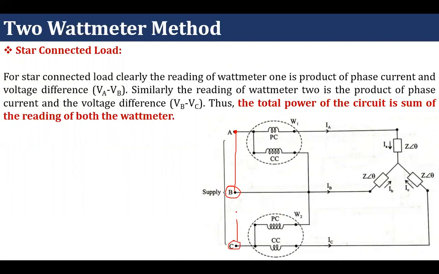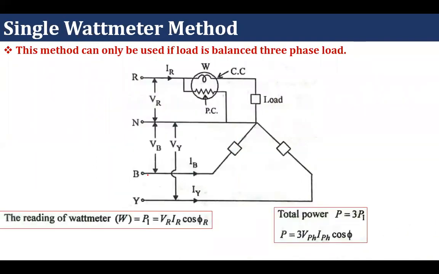The mathematics we will deal with in a separate lecture. So we have to connect one wattmeter between point A and point B, that's line A and line B. The second wattmeter may be placed between C and B. One line we have to take as a reference to connect the wattmeters.